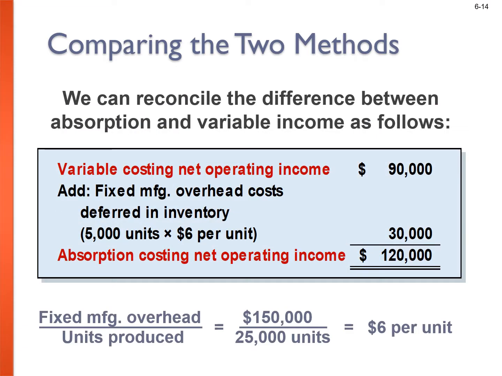So we can reconcile this difference by saying, okay, variable costing net operating income was $90,000. If they had not subtracted all of the fixed manufacturing overhead, like absorption costing. Absorption costing didn't subtract all of the fixed manufacturing overhead.